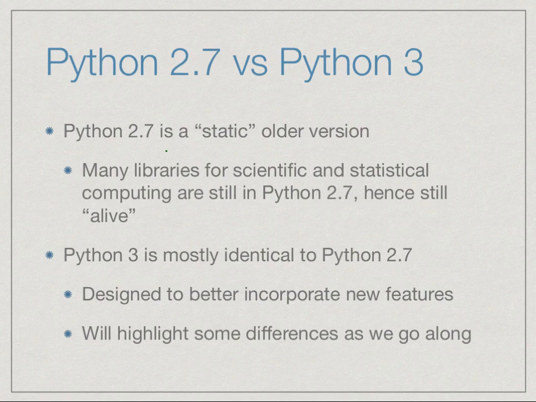So Python 3 essentially is a modern version of Python which incorporates features that were added on to Python as it grew in a way that makes it more consistent and easier to use.